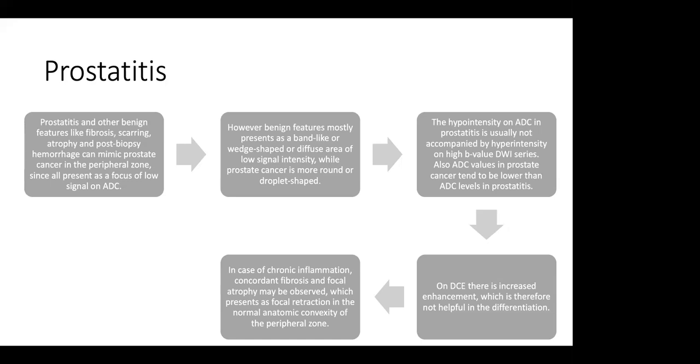If they have a wedge shape or band-like appearance, they are mostly benign, versus rounded or droplet-like. Then we see the appearance on ADC, whether markedly hypointense or just subtly hypointense, and whether there is diffusion restriction. These are the changes that direct us towards thinking of cancer.